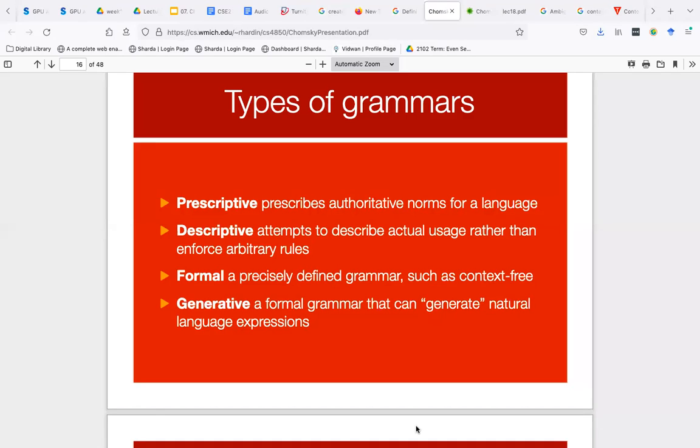Next is generative. Generative means generating a formal grammar which can generate natural language expressions. Natural language and these kinds of language are different. You need to make sure that natural languages are those languages which humans use to communicate with human beings only.